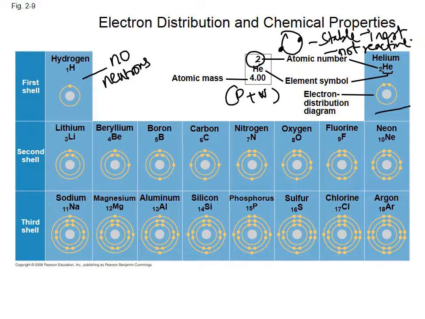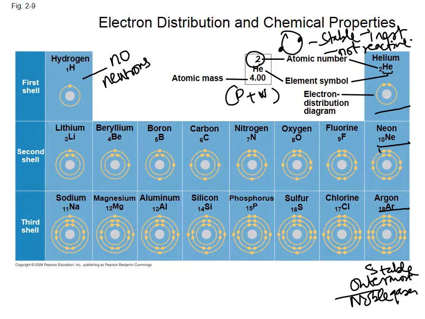So helium, neon, argon, radon, all of these are at the end of the column, where they have a stable outermost orbital, and so they are called noble gases.